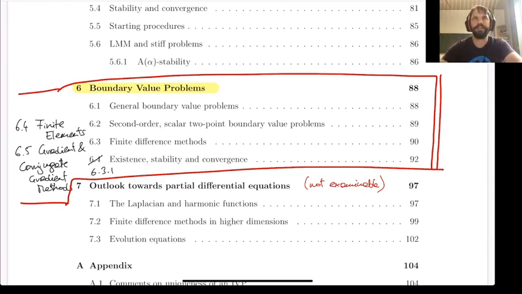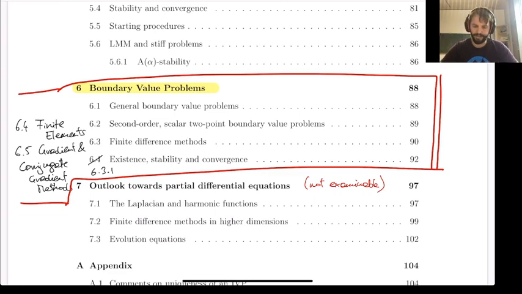Any more questions on that? Nope. Okay. So any questions on the course then?